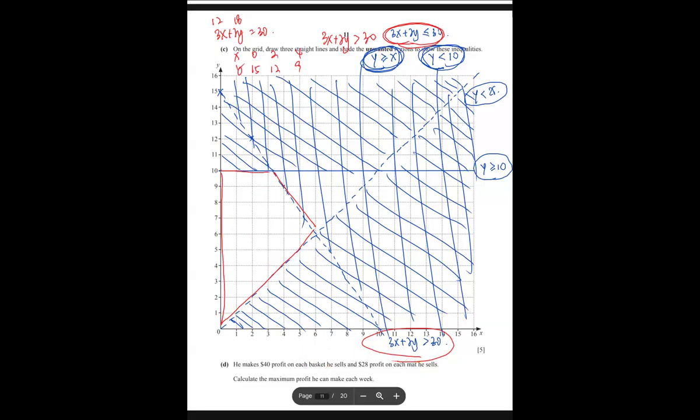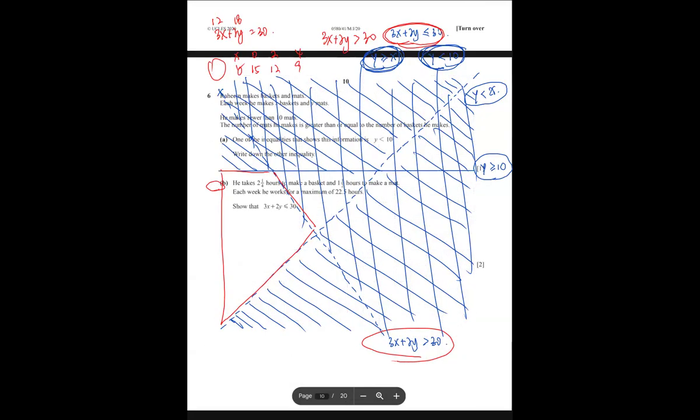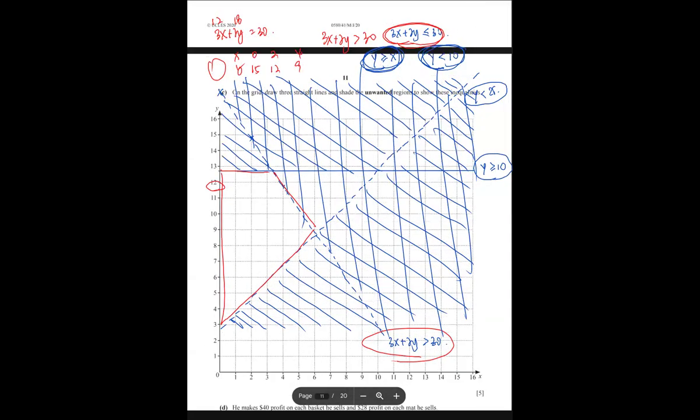Okay, so let's take a look here. Obviously, we look at 9 first. So that's the most number of y. I forgot what y is, but that's the most number of mats that he can make. Okay, y is mats, x is baskets.